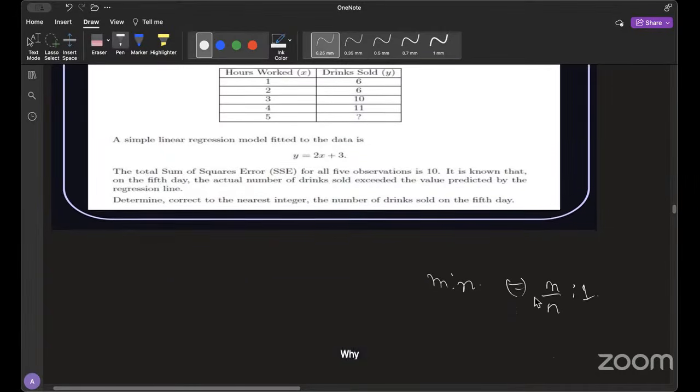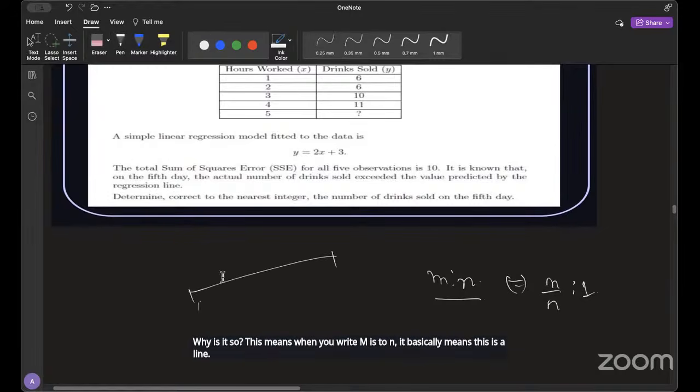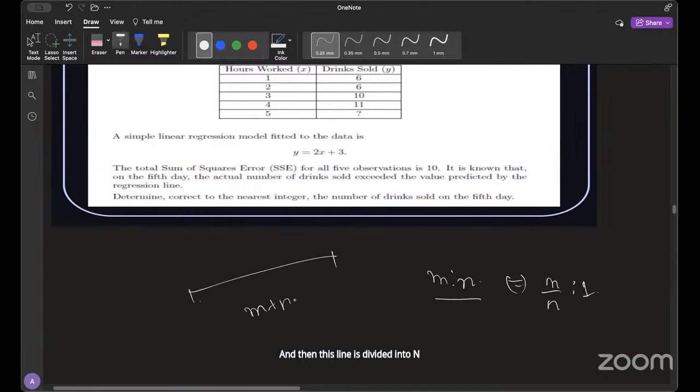Why is it so? When you write m is to n, it basically means this is a line, and this line is divided into m plus n parts. And then m parts out of these m plus n parts lie here. If this is m ratio n, then m parts lie here, 1 part, 2 part, 3 part, and m parts lie here.